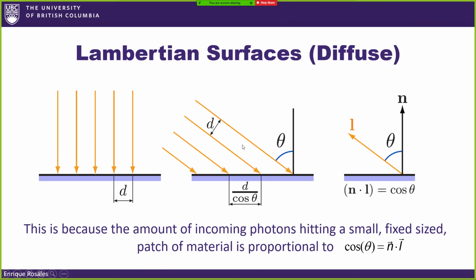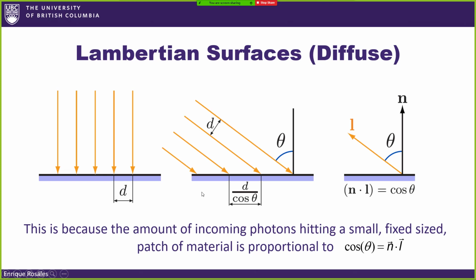However, if the light is now at a different angle, the distance over which these photons are distributed will be larger, right? So now they will bounce over a larger distance, which means that the amount of photons per square meter will be less, because they're distributed over a larger area.